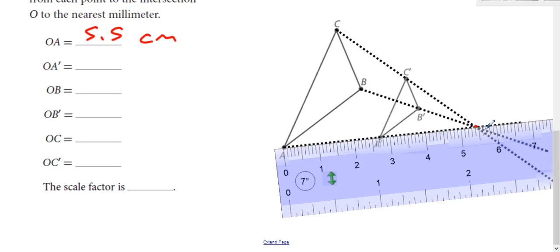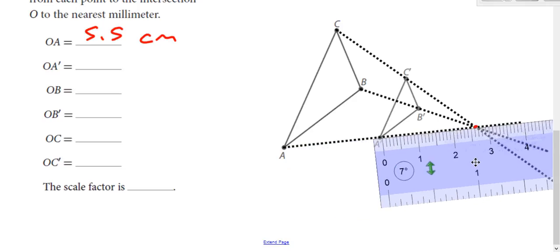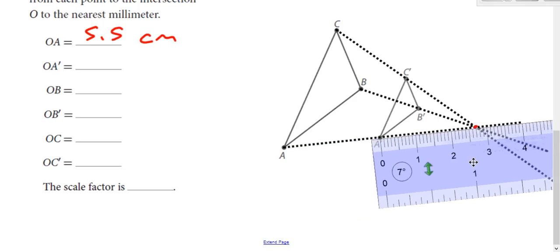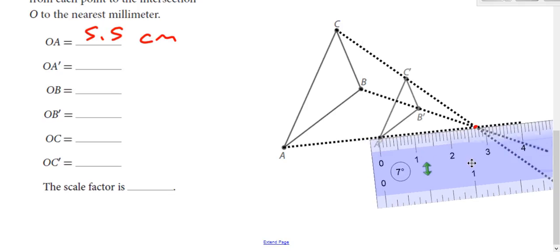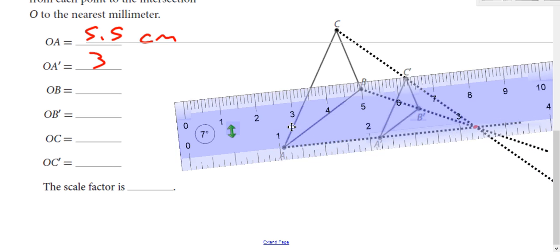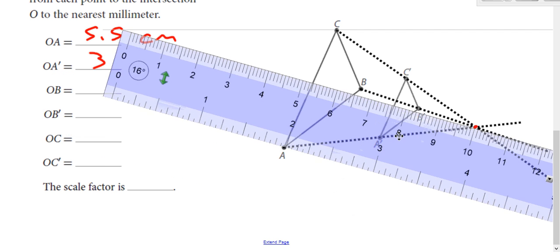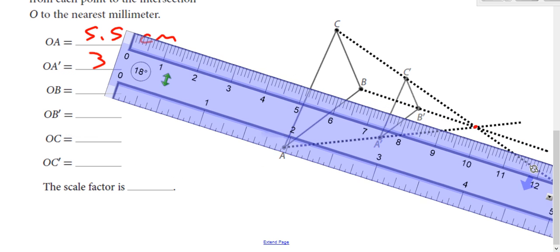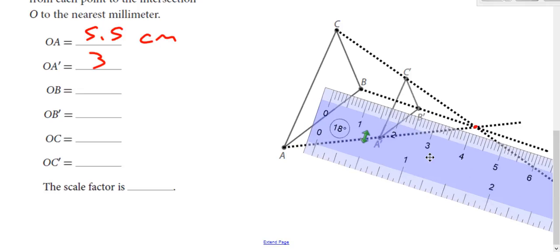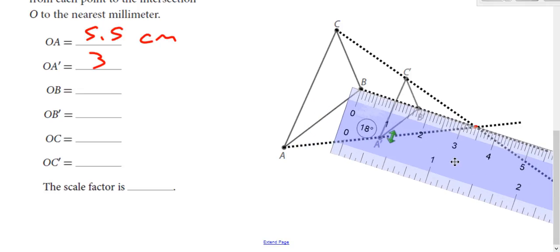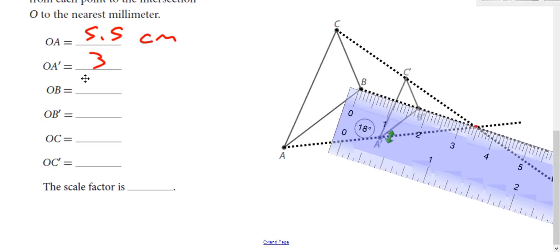O to A prime, it's about 3. So when we measure O to B, about 3.5.